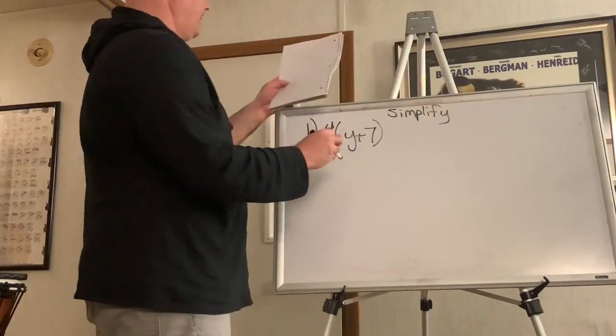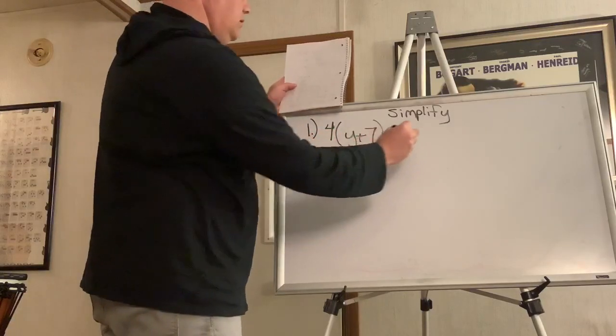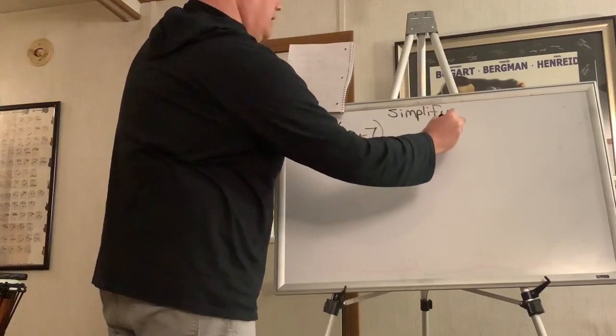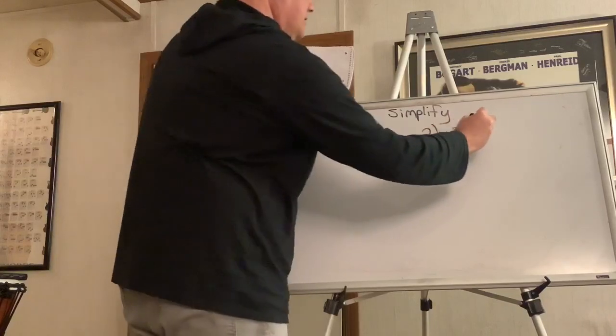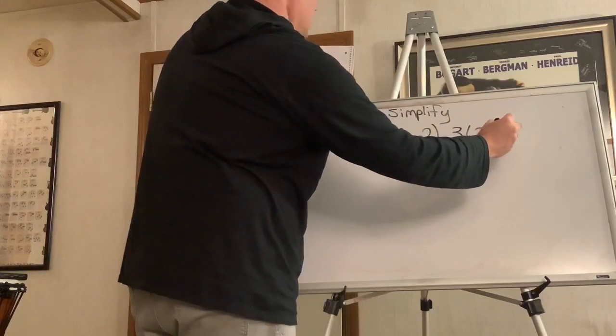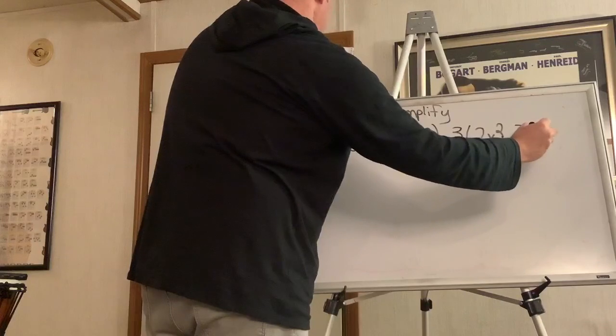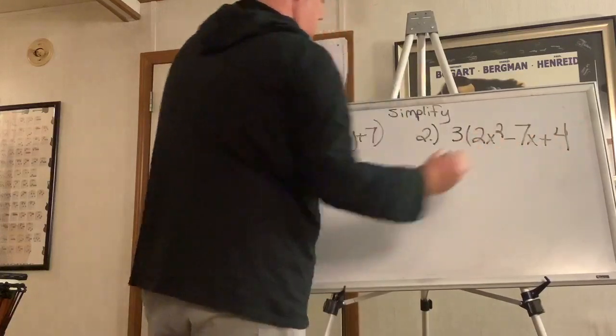All right. So number 2 will be 3 times 2x squared minus 7x plus 4. Okay.